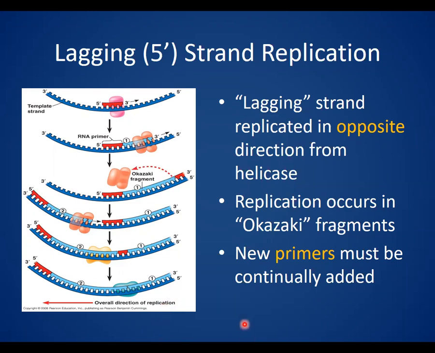And this works. It may be not optimally efficient, but it's good enough. It's good enough that you can reproduce yourself, you can pass your genes on to the next generation, and that's all evolution really cares about. So yes, this could be more intelligently designed, but it works. And so that's what we've got.